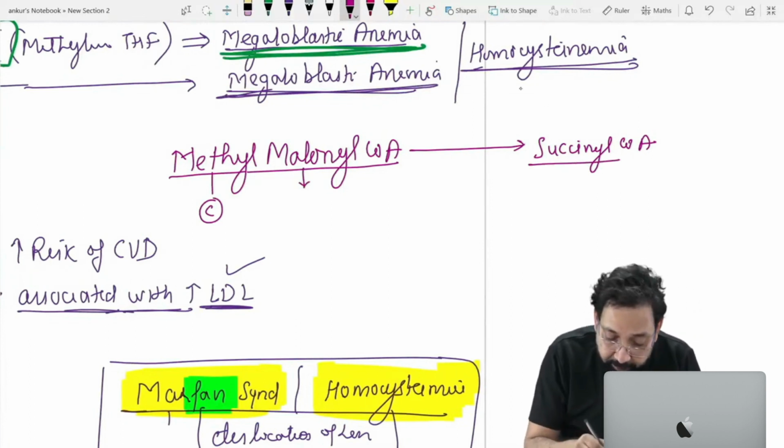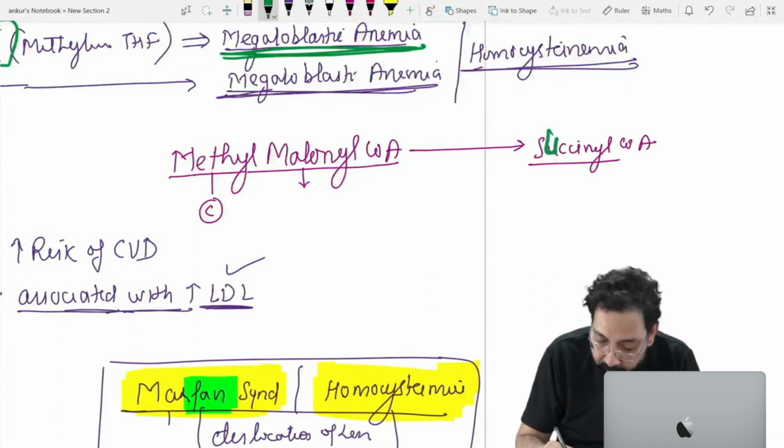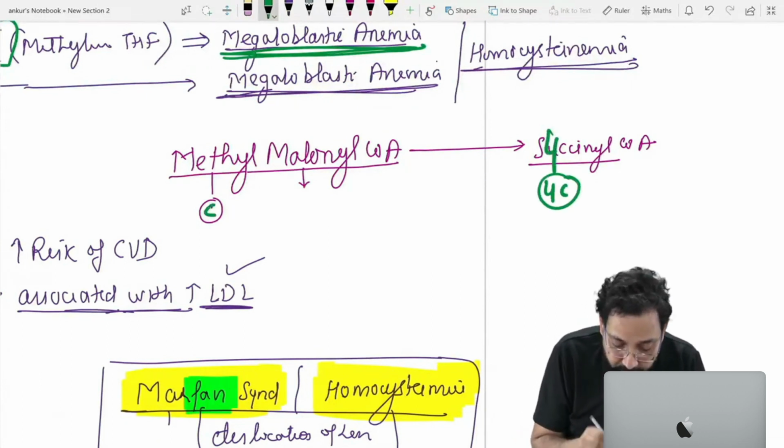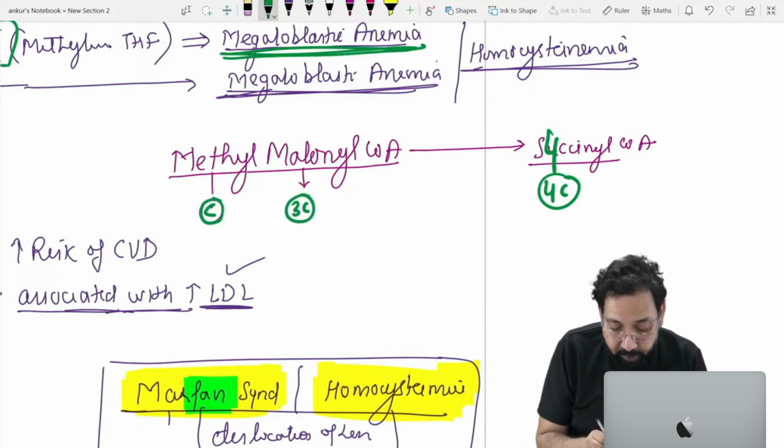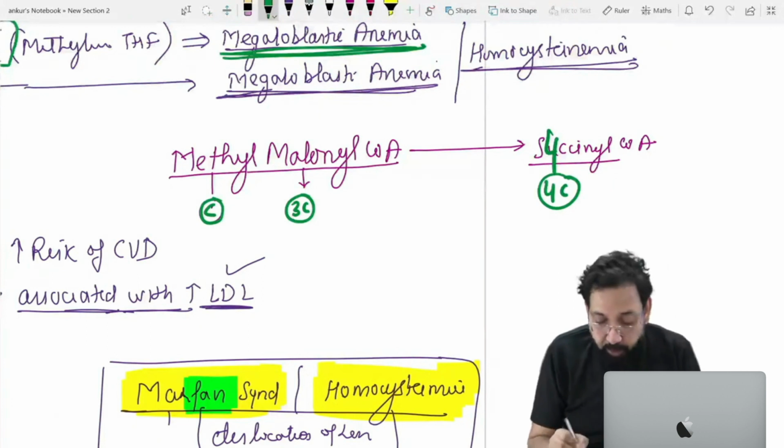Succinyl coenzyme A has 4 carbons. So this is 1 carbon, this is 3 carbon, so 3 plus 1 is 4.